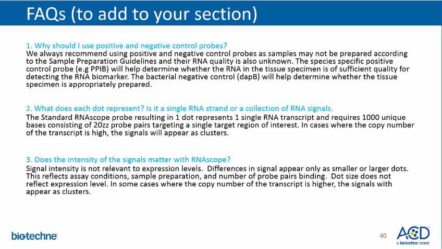So one of the questions that came up during the webinar is whether RNAscope readouts need to be normalized to actually compare samples. Well, RNAscope readouts do not need to be normalized in order to compare expression levels across samples, as long as the tissues were similarly processed.